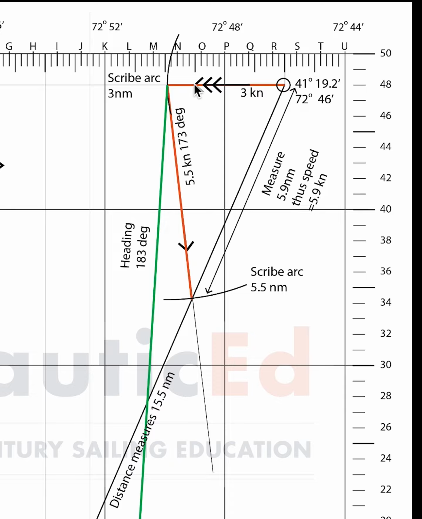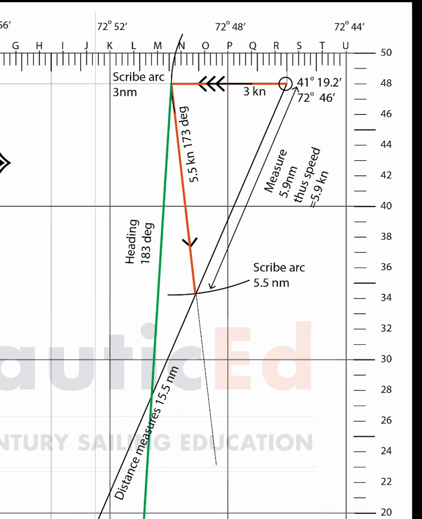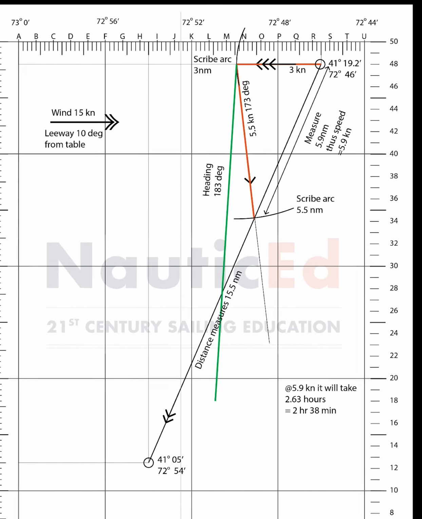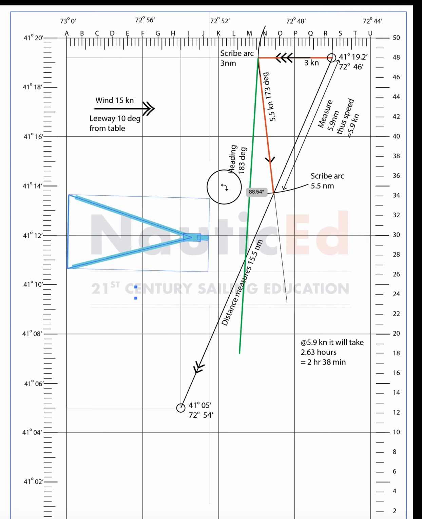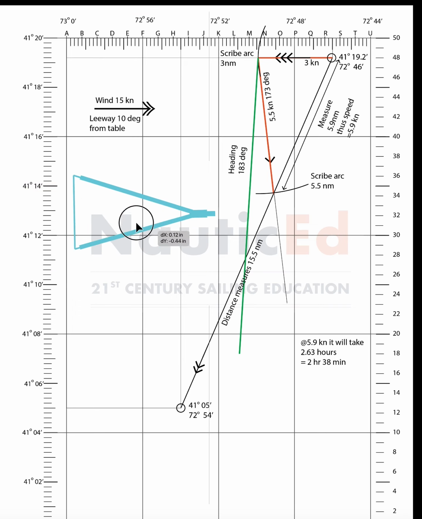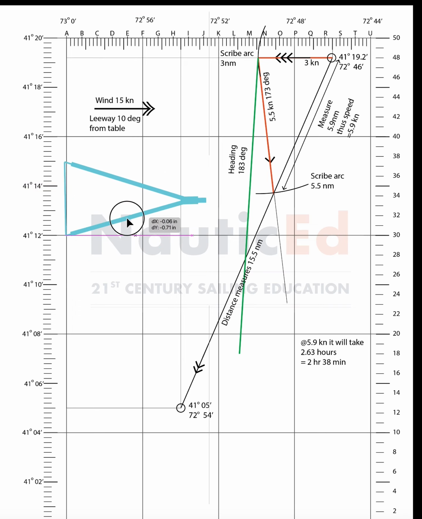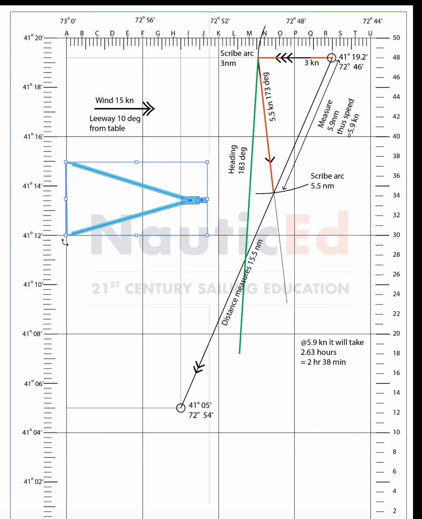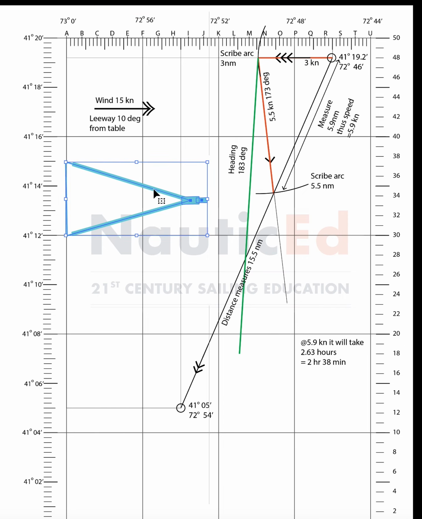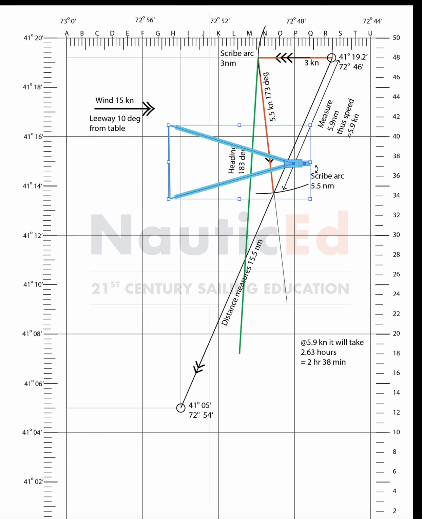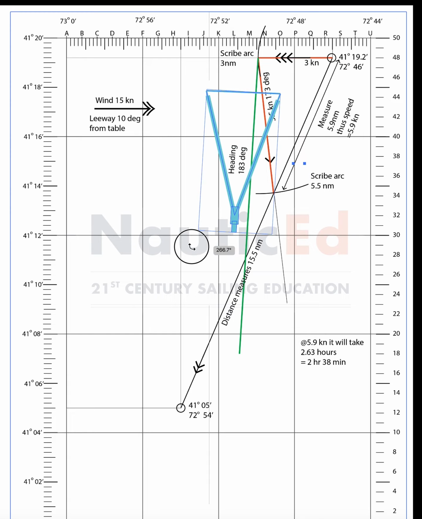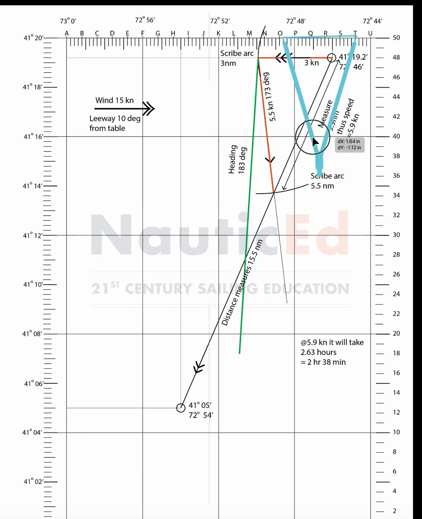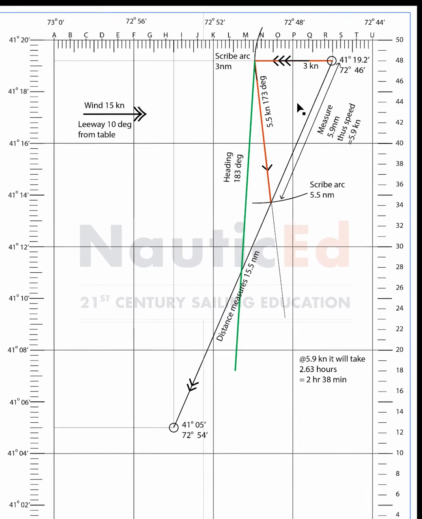So this line from here to here is 3 nautical miles, and we'll just prove that by bringing in our dividers and rotating that around, from there to there, and that's 3 nautical miles, so 12, 13, 14, 15. So that is the same as this line up here, so we'll just make sure that that is working. And there you go. So that's 3 nautical miles.